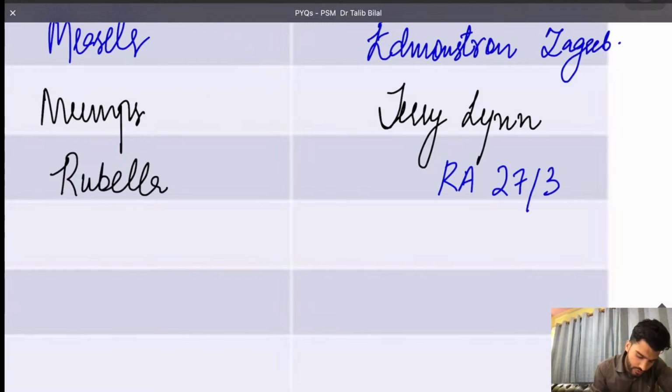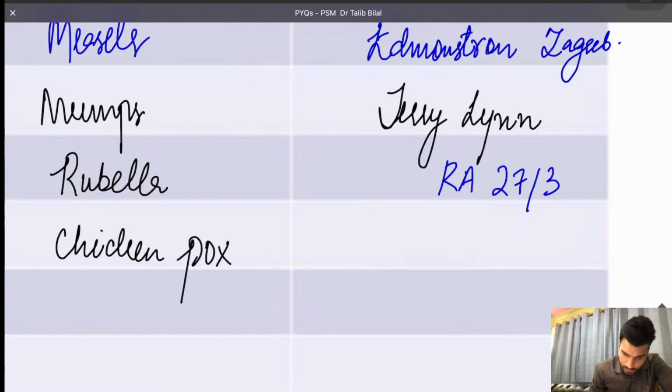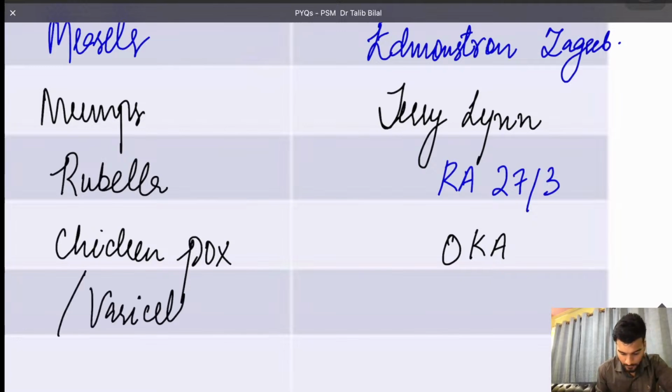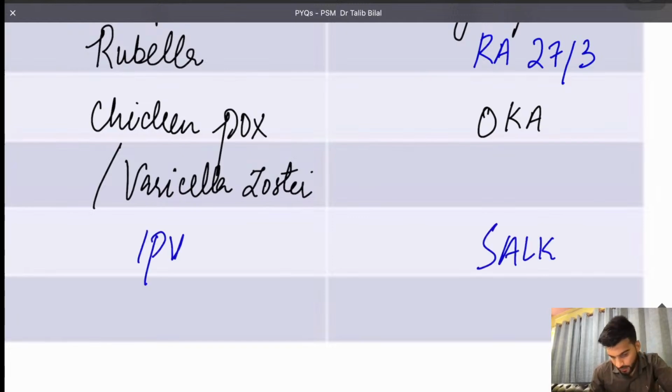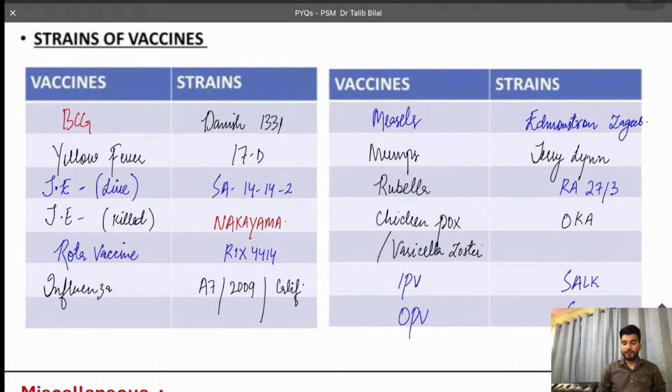If I talk about chickenpox, then it's Oka strain, varicella zoster, write this also, varicella zoster, that is Oka strain. If I talk about IPV, it's Salk, and OPV Sabin. So this is all about a vaccine strain.